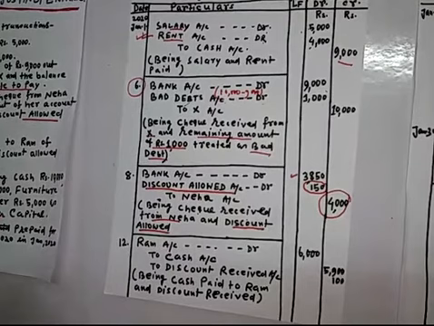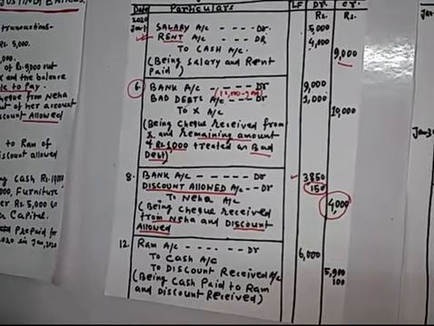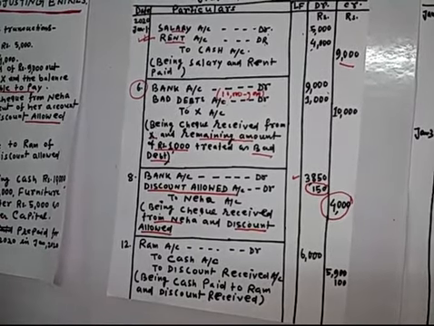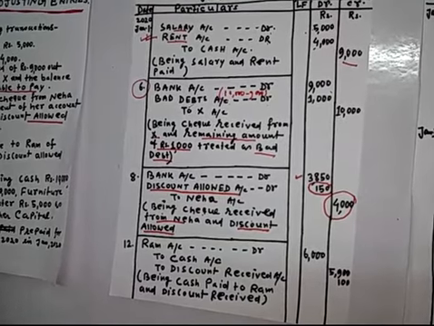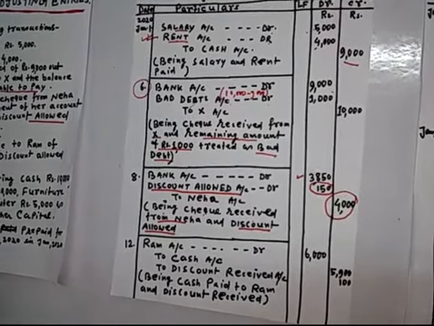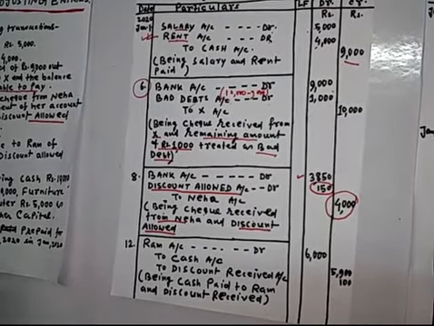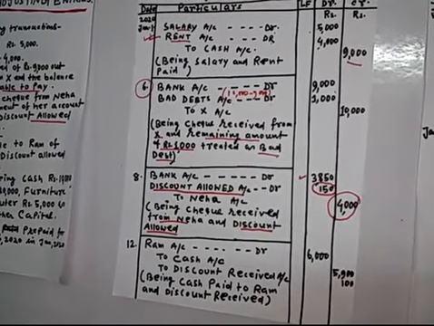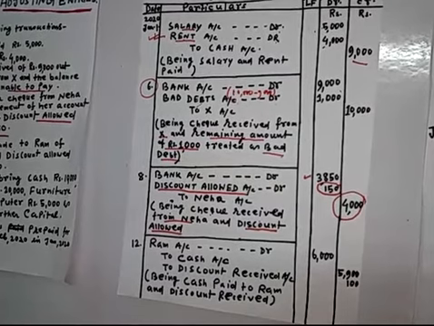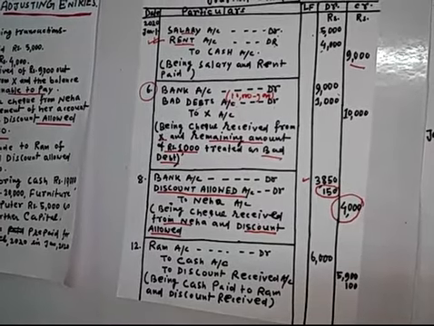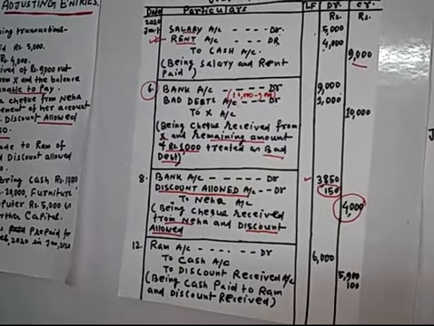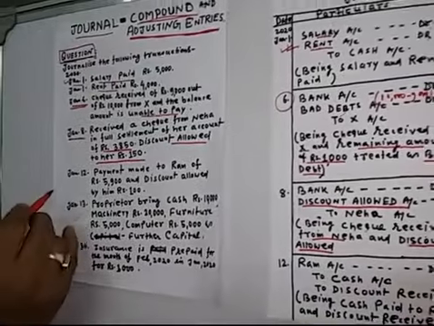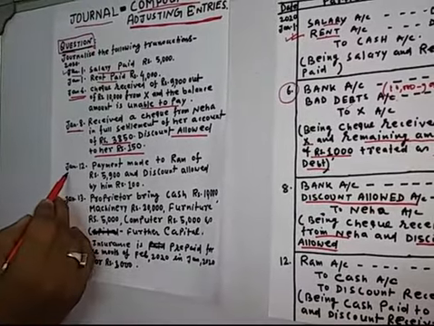Clear on this part? Keep in your mind always that the amount of the transaction is 4,000. For full and final settlement you are getting only 3,850 rupees through check, and for that you are allowing a discount of 150 rupees. Okay. Now go to the next entry. The next entry is Jan 18.